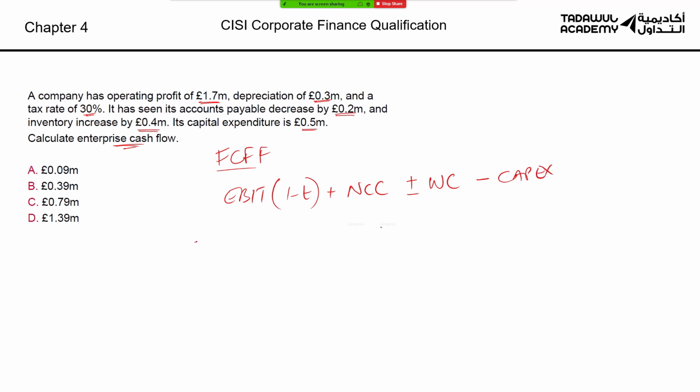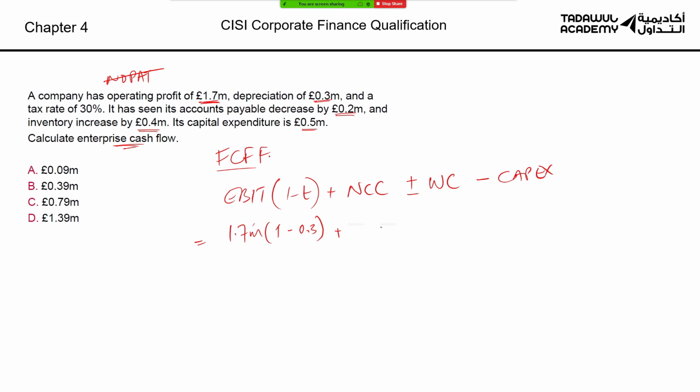So our operating profit is 1.7 million. This is not adjusted for tax because it's not NOPAT. If the question said that this was your NOPAT, the net operating profit after tax, then you don't need to consider tax anymore. But it didn't say that. So this is not NOPAT. This is just ordinary operating profit, so we have to consider the tax effect.